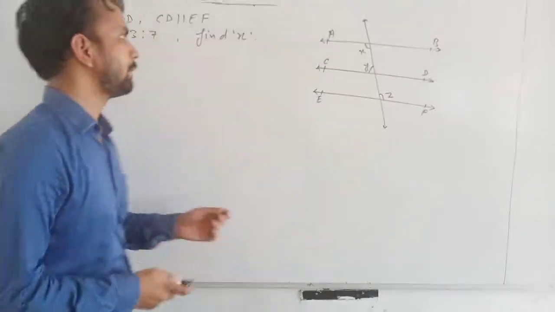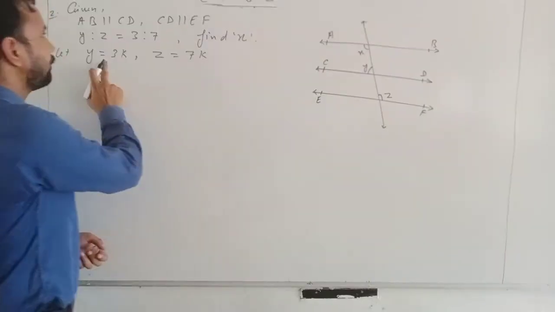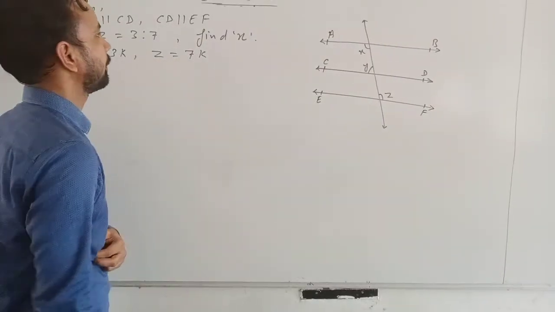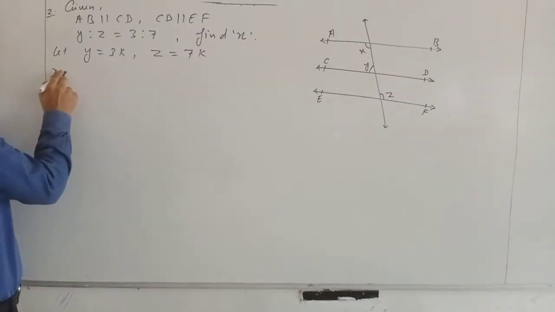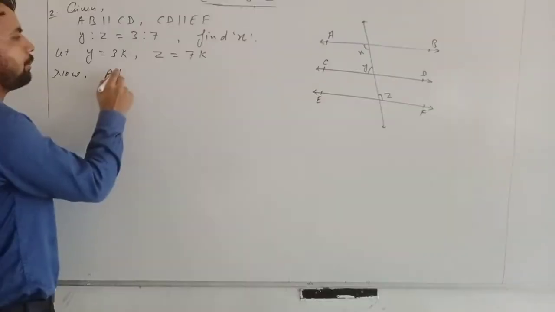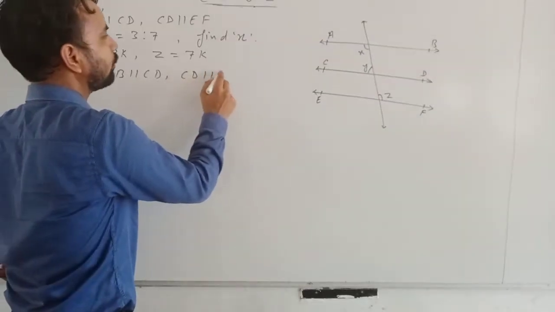Understood? So see better. Since Y is to Z is given 3:7, so we will consider let Y equals to 3K and Z equals to 7K. You know, whenever we remove the ratio, then we will have to put some constant there. So Y equals to 3K and Z equals to 7K. Now students, it is given that AB is parallel to CD and CD is parallel to EF.